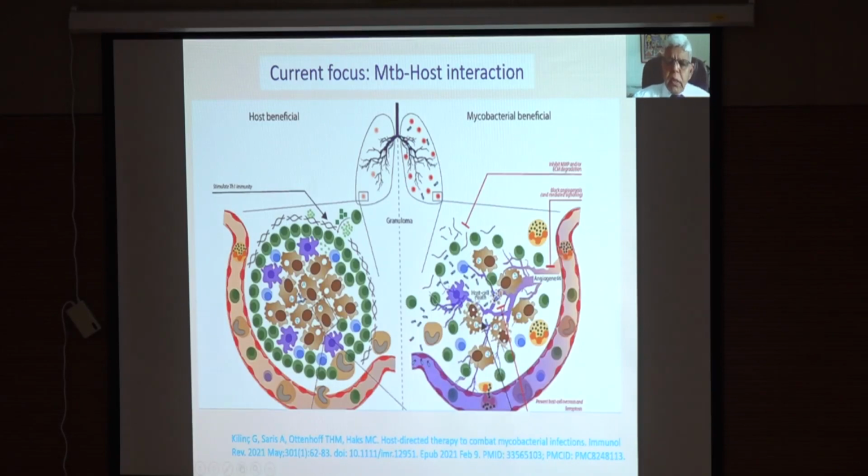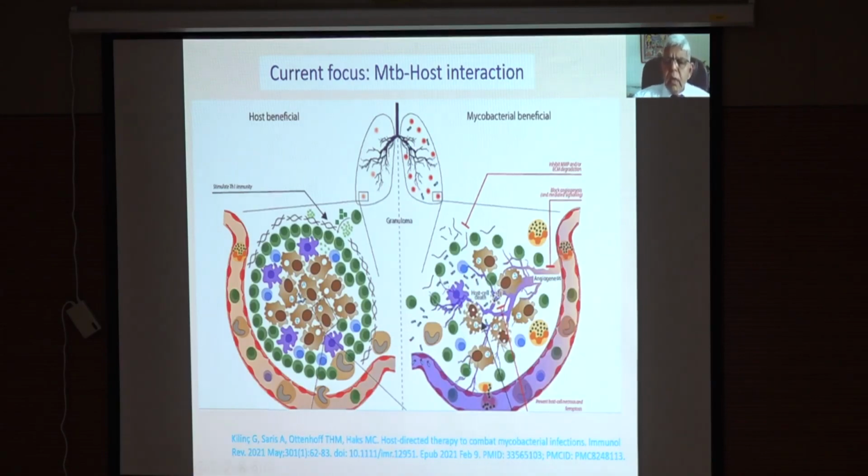The center of the granuloma, where there are the maximum number of bugs present, is the one where there is the least amount of drug reaching, because of the leaky vessels which do not allow the exchange of these drugs with the extracellular milieu.